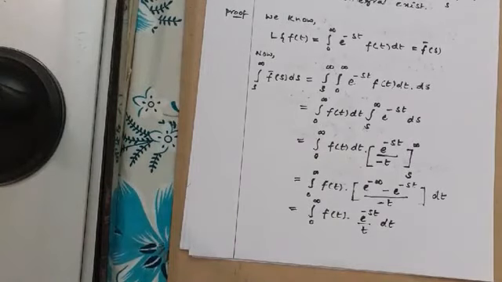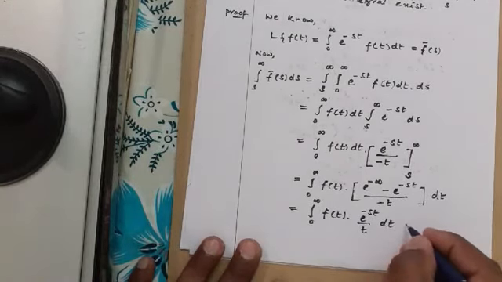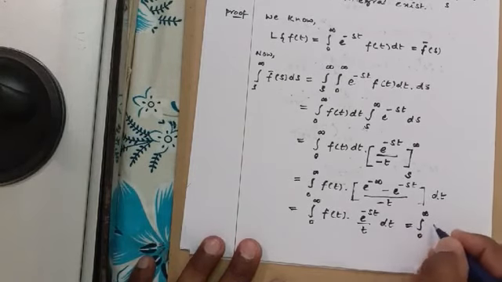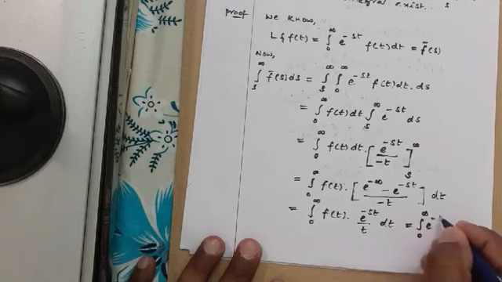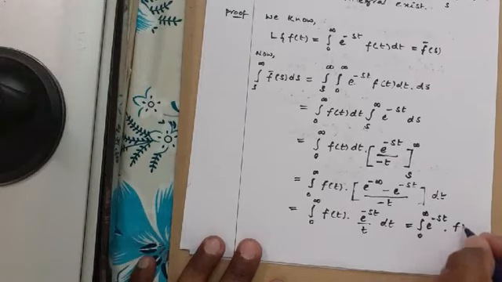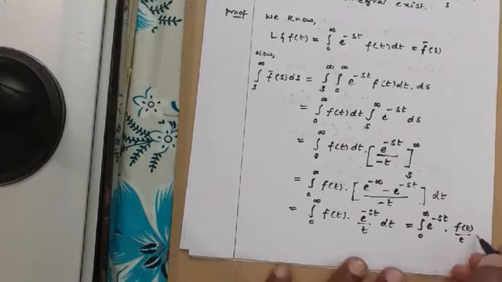So after this you can write this as integral 0 to infinity e power minus st. I'm writing here first, then I take this t to f of t, that becomes f of t by t dt.